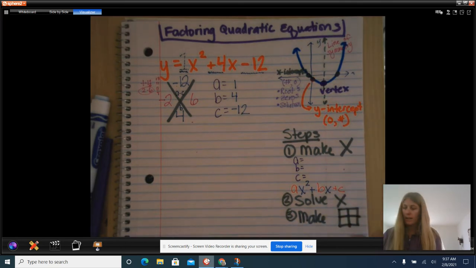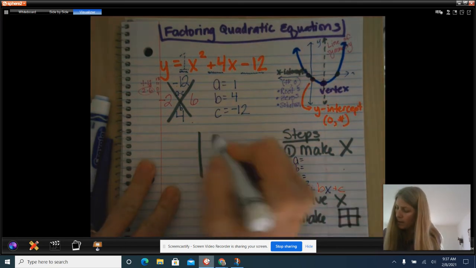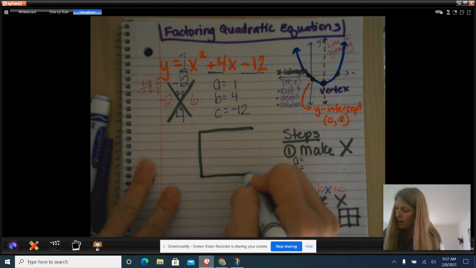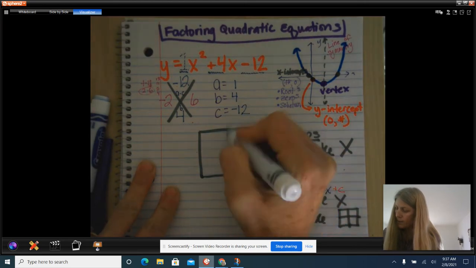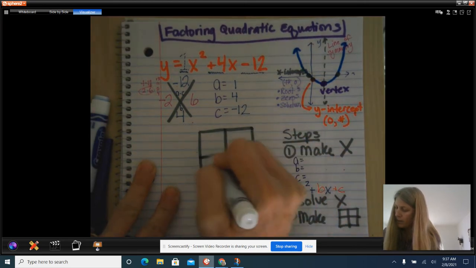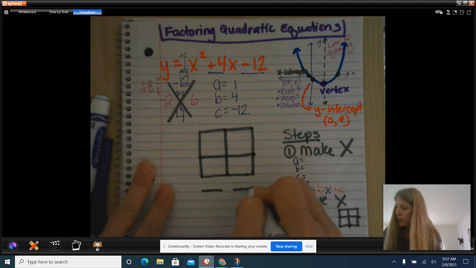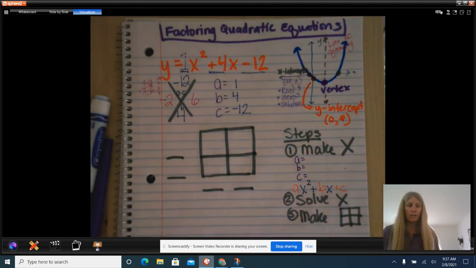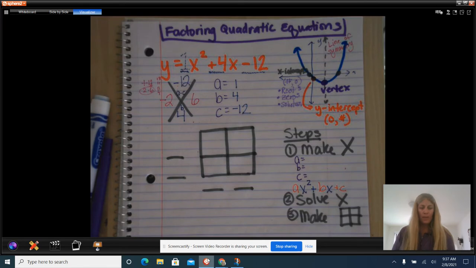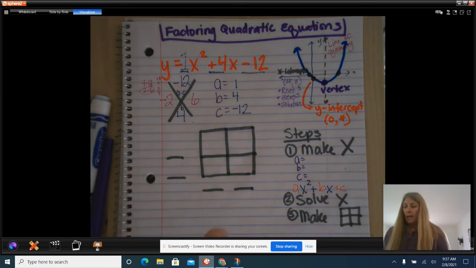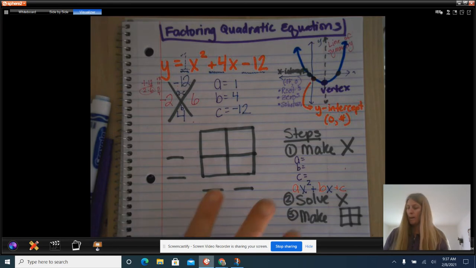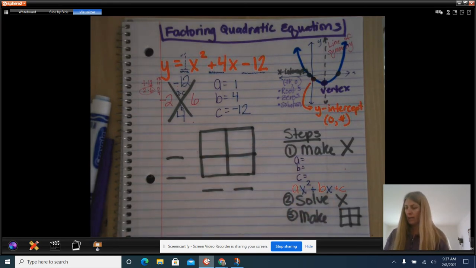Step number 3 is make your generic rectangle. Which of course is just a square, a line down the middle, a line up the side, 2 lines, 2 lines. Now, here we're going to use 2 different places. We're going to be filling the inside of our generic rectangle in.